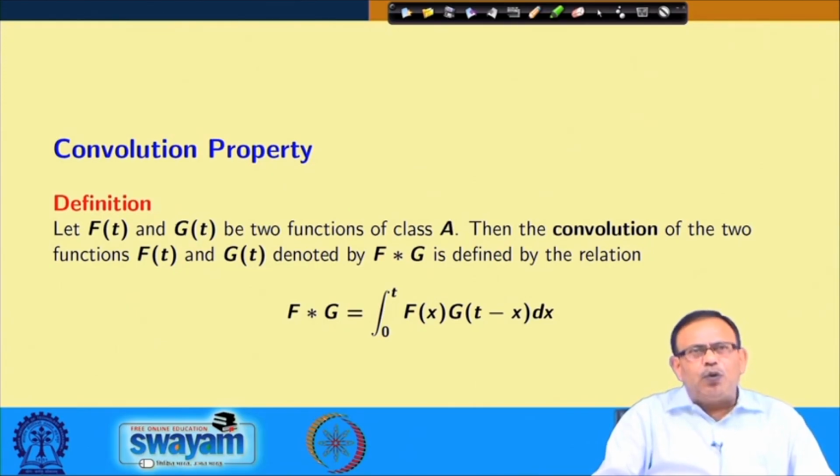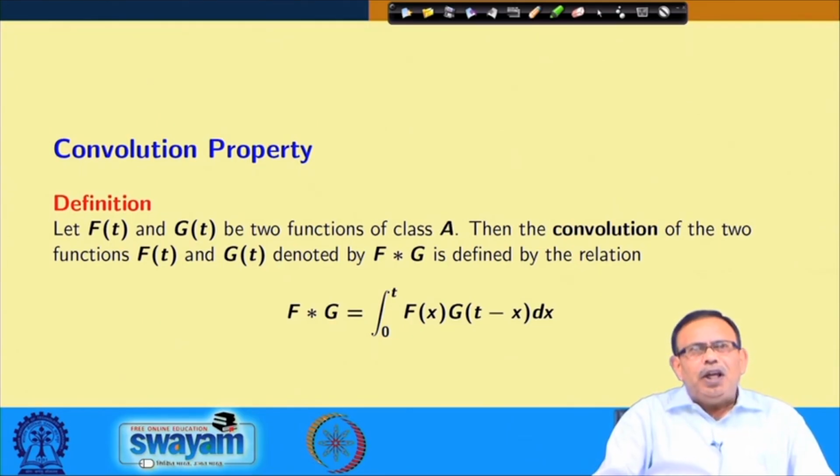If I have two such functions, then the convolution of f(t) and g(t), denoted by f star g, which we read as f convolution g, is equal to integral 0 to t f(x) g(t minus x) dx.